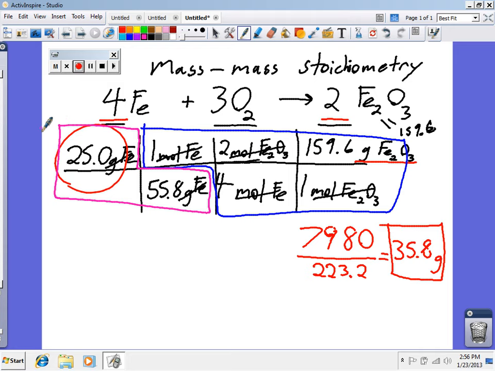The heart of everything is still this molar ratio in the very middle. And again, that 2 to 4 ratio comes from the balanced chemical equation. 4 moles of iron to 2 moles of iron oxide.